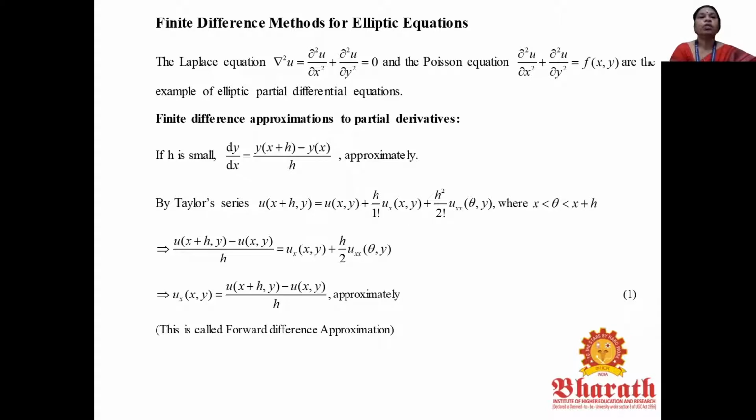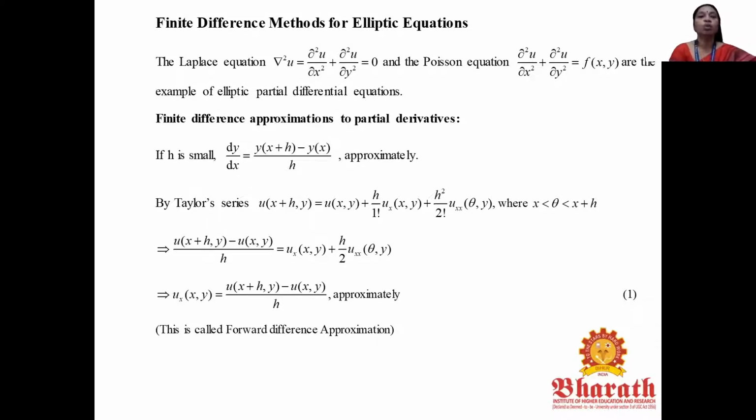So that implies (u(x+h,y) − u(x,y))/h = ux(x,y) + (h/2) uxx(θ,y). That is, from the RHS we are taking one h to the LHS.